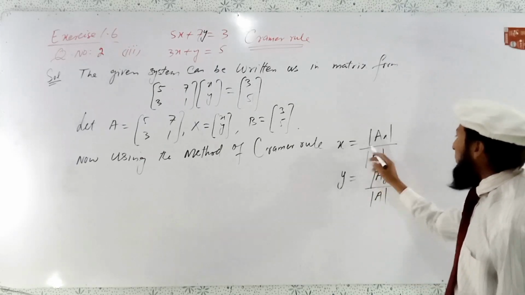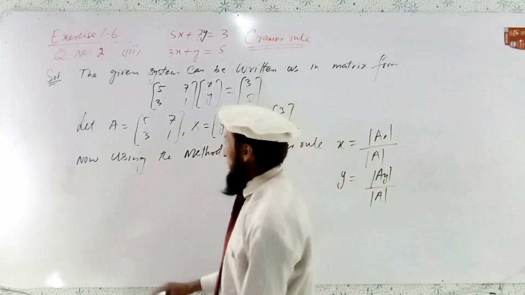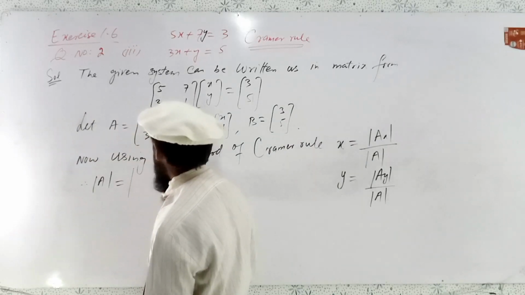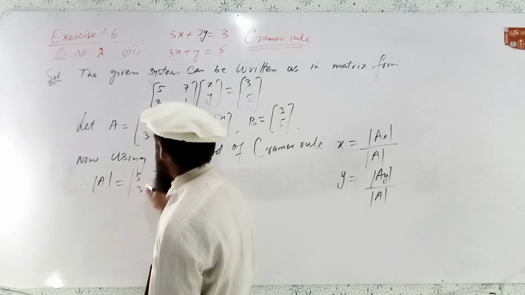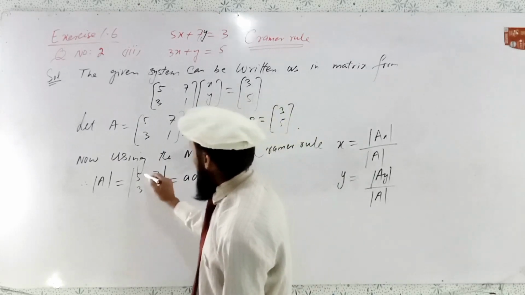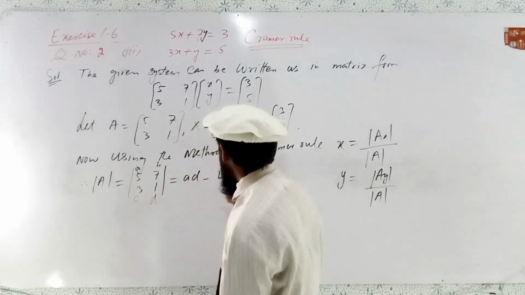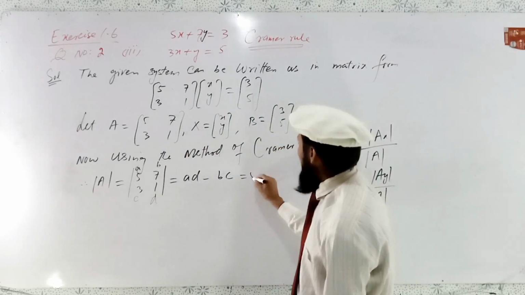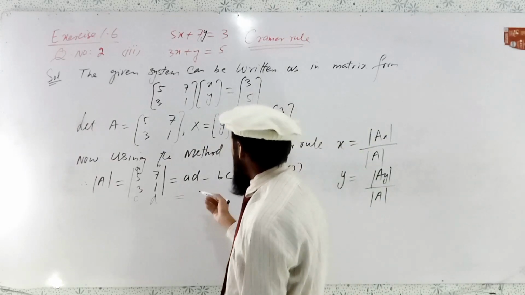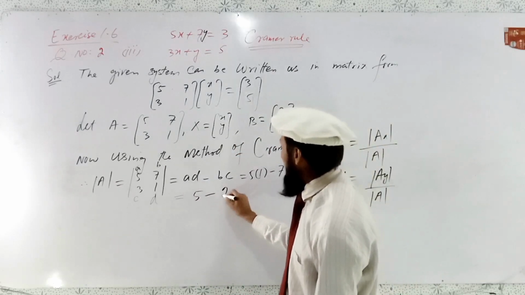First of all, we need to check whether the system exists or not. So first of all, we require the determinant of A. The determinant of A we can write as 5, 7, 3 and 1. Or we can say AD minus BC is the general formula. Here A is equal to 5, B is equal to 7, C is equal to 3, and D is equal to 1. We substitute in the formula 5 into 1, 7 into 3. So what is the result? 5 multiplied by 1 is 5, and 7 multiplied by 3 we get 21.